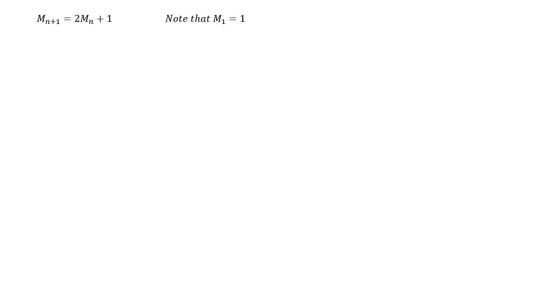This can be done if the expression can be written as Mn plus 1 minus alpha equals 2 times Mn minus alpha, where alpha is a constant.